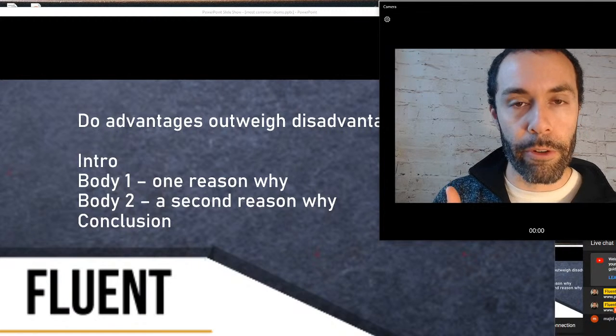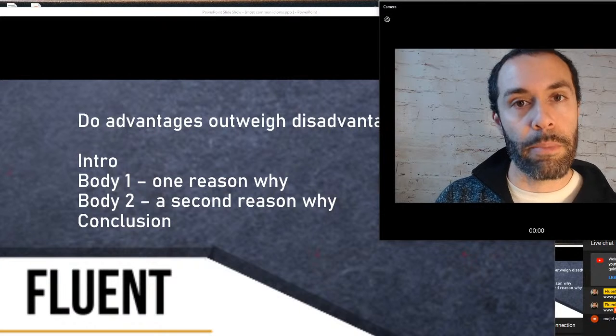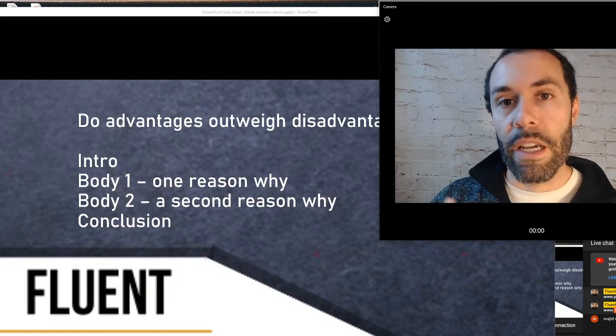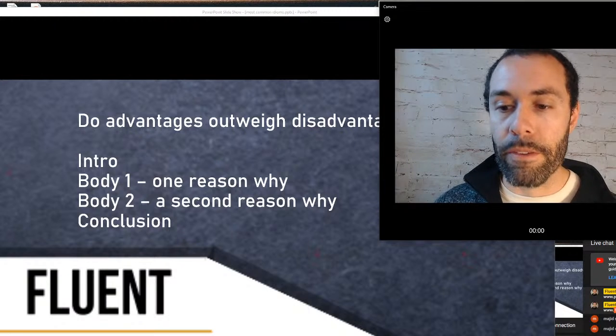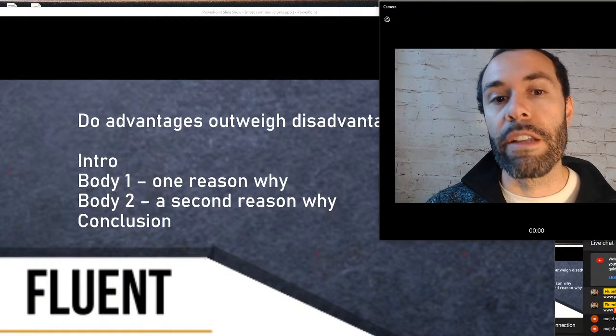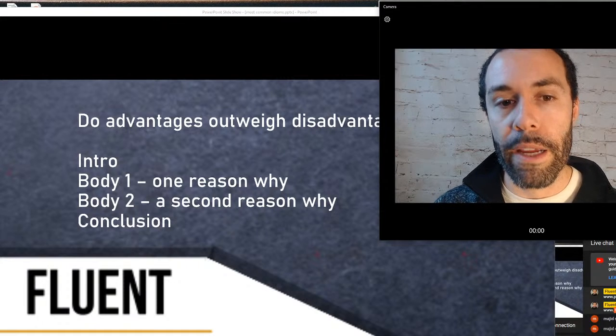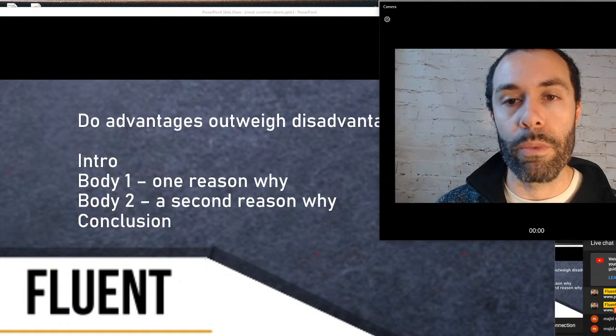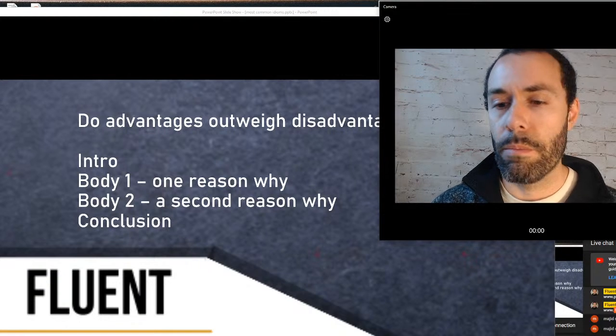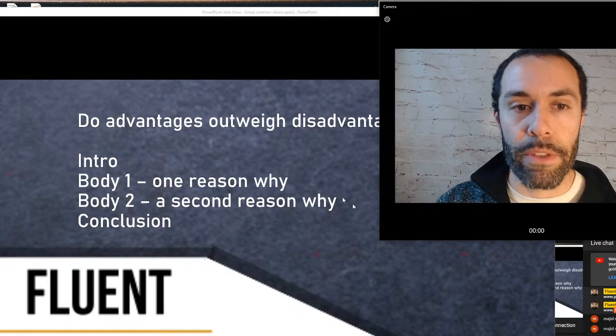One reason for the first body paragraph, then the second body paragraph picking a second reason and then explaining that more fully. Okay, so that's your structure for the advantages and disadvantages essay. Intro, body one reason why it does outweigh or one reason why it doesn't outweigh it. And then same thing with the second body paragraph. That's your structure there.